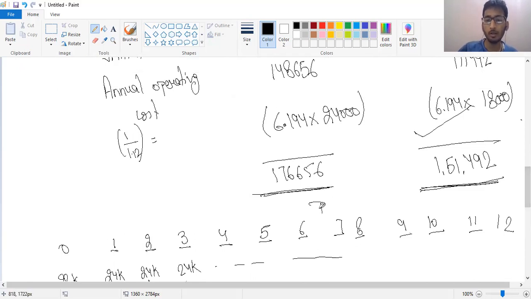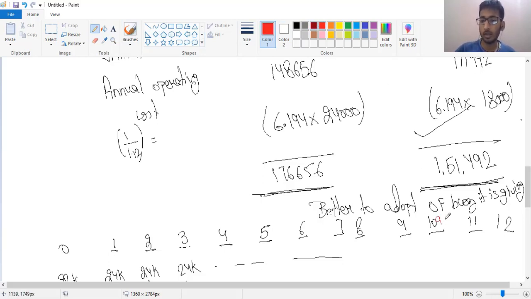Let me write one line. Better to adopt OF because it is giving an additional saving of whatever amount. Just deduct this from this and write it over here.